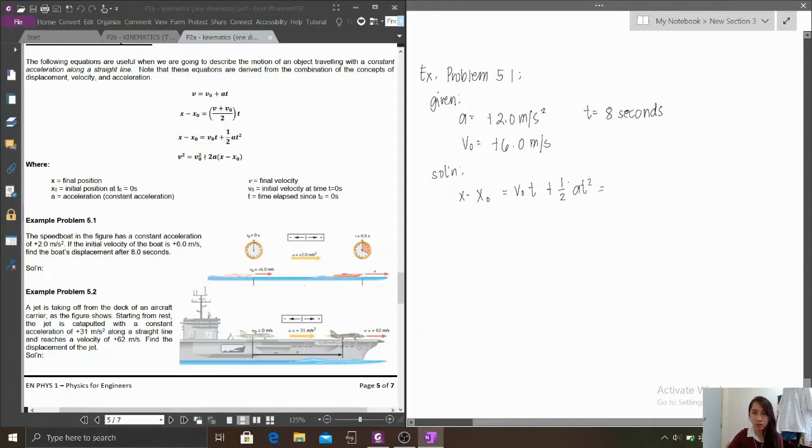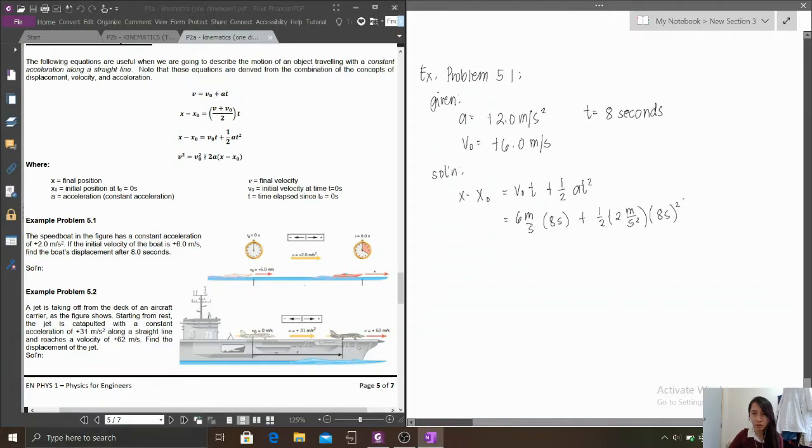Substituting the values, we have 6 meters per second times time na 8 seconds plus 1/2 times 2 meters per second squared times 8 seconds squared.